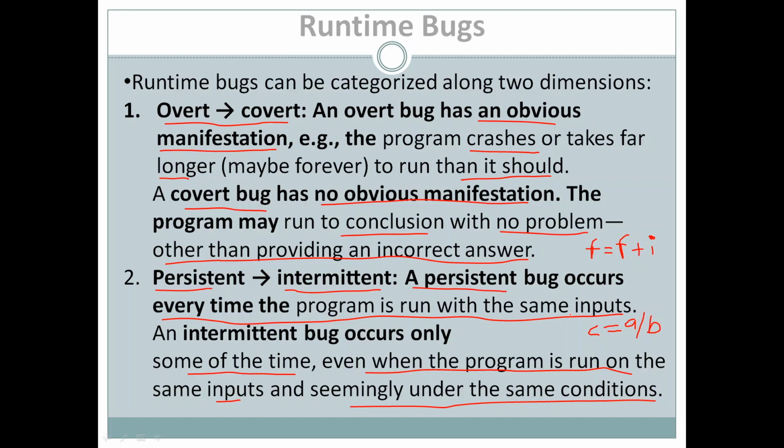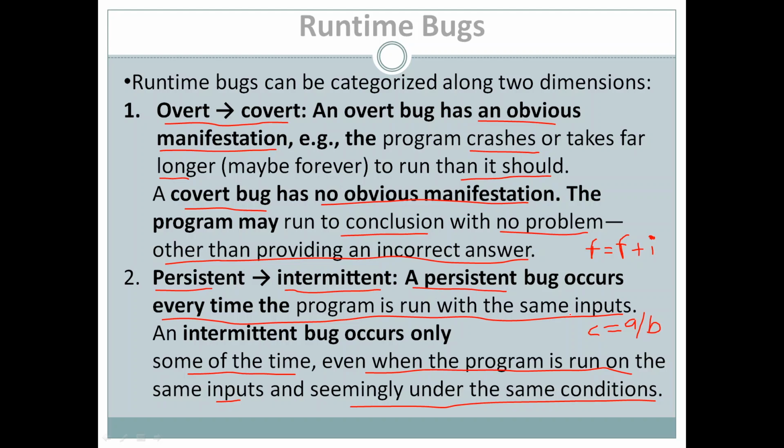Every time you pass the same input, that is A is 10 and B is 0, or you pass 0 for the variable B, it will produce a bug. So that is why it is called a persistent bug. It occurs every time the program runs with the same input, but if I change the input, it may run properly.